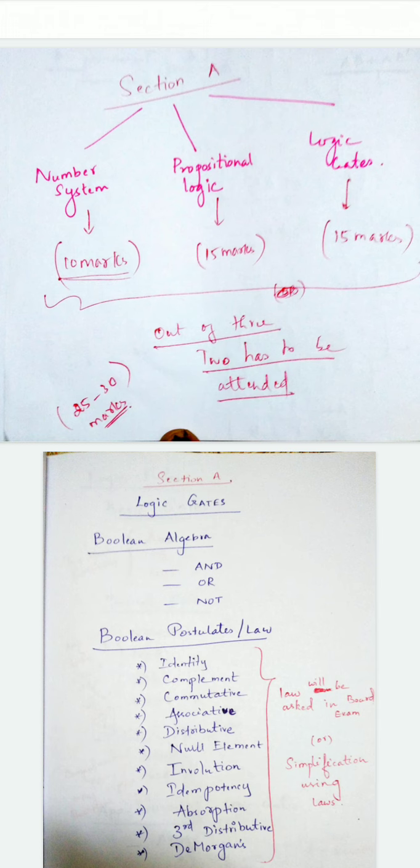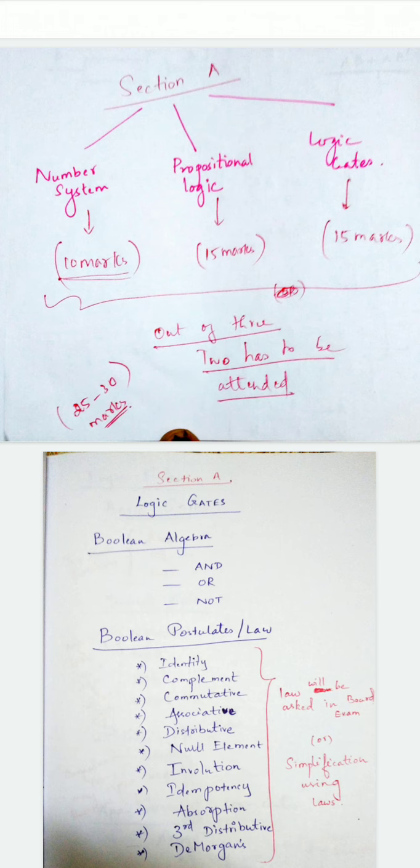If you are thorough in these three topics, definitely you could score 25 to 30 marks in board examination. So give importance to these three topics. Only by learning these three topics you could score 30 marks.